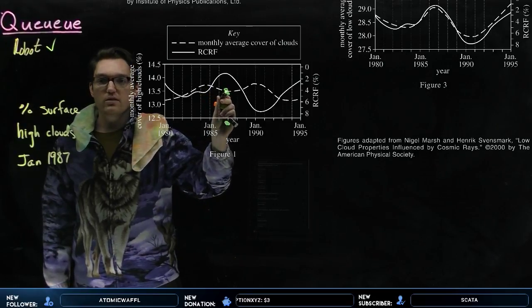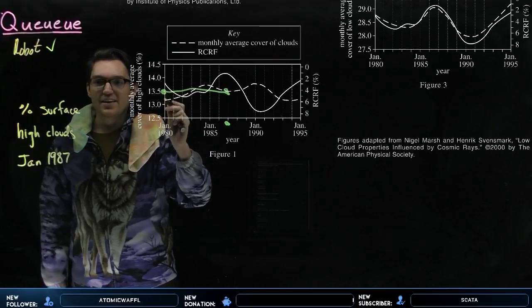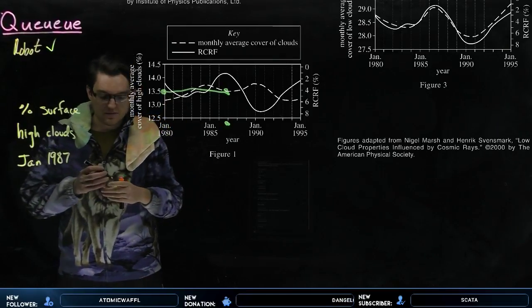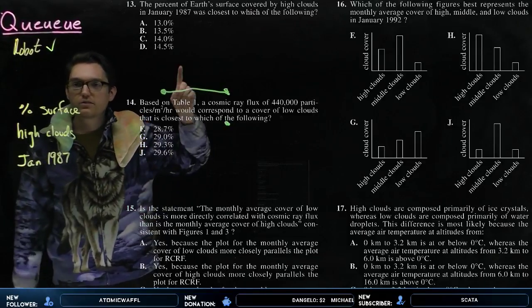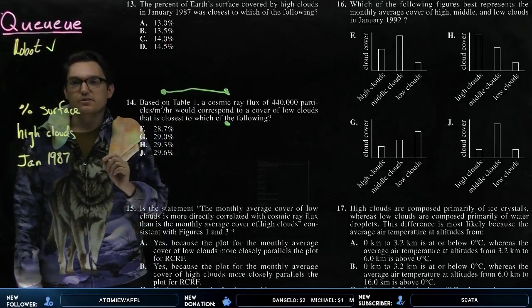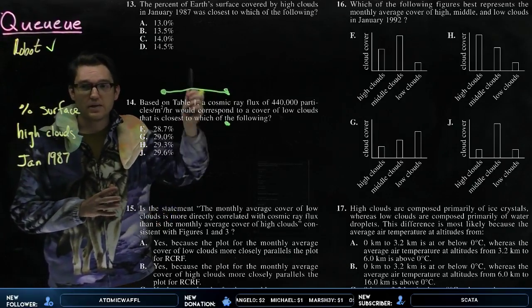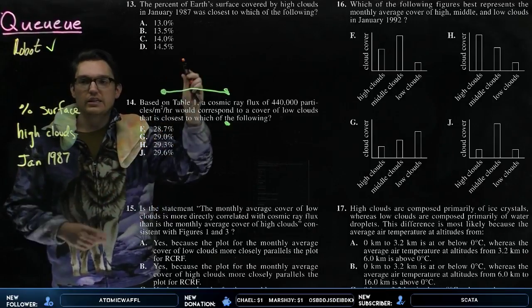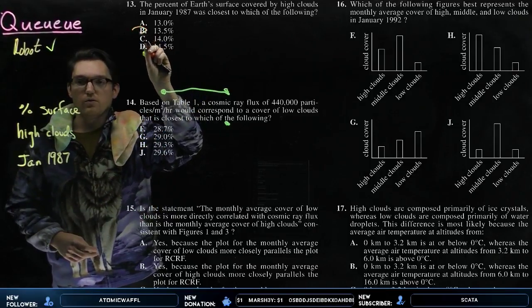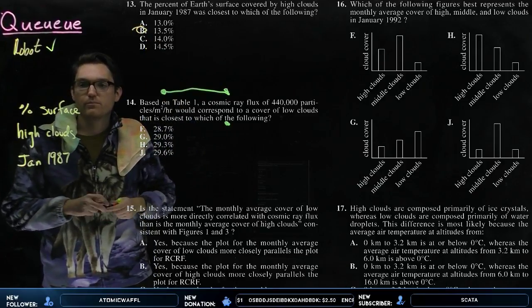And if we go straight to the left, apologize if it's not the most straight line you've ever seen. It's my best. 13.5. Let's see if that is an answer. All right, 13.5%. That is an answer. So again, I don't really need to know what's going on yet to be able to answer this question. It's just about picking out those important words that let you figure out where you want to go. Okay, let's try another one.